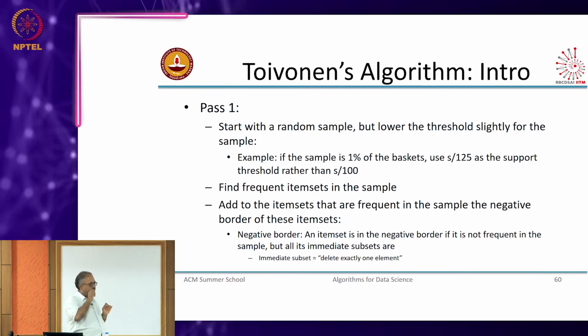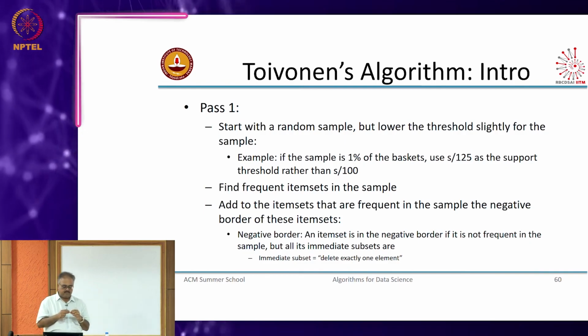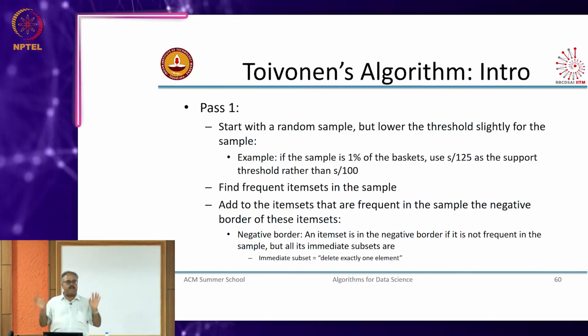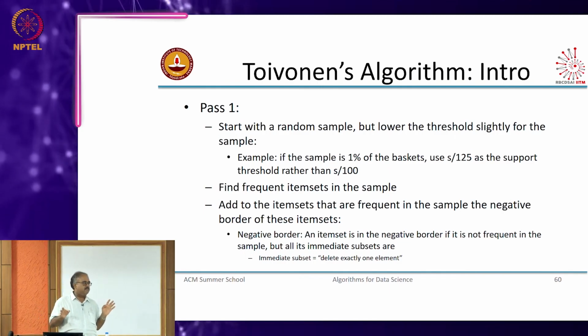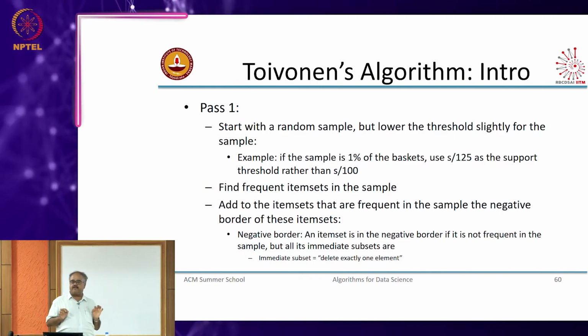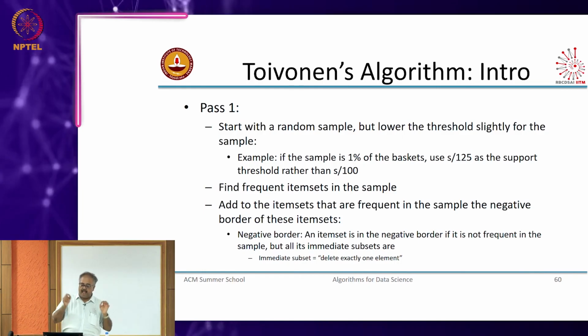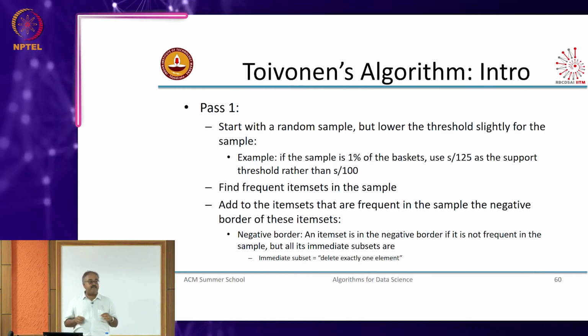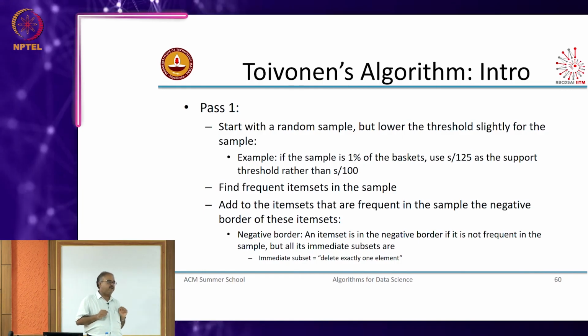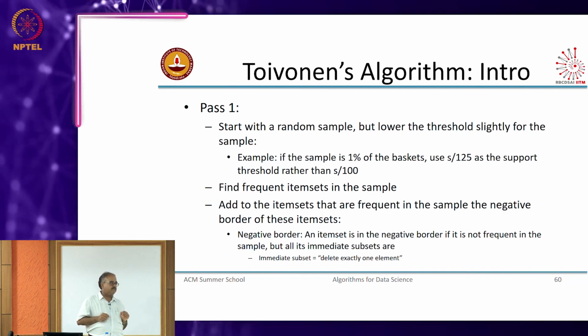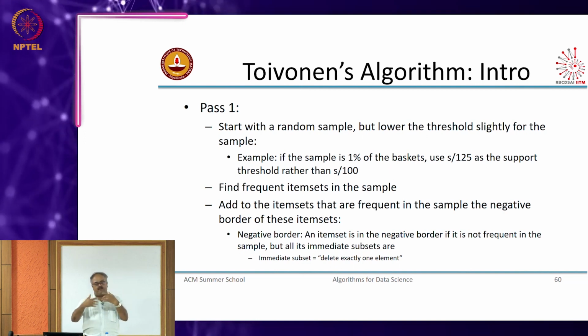The negative border of these item sets are sets such that the set itself is not frequent in the sample, but every one of its immediate subsets is frequent in the sample. Every one of its subsets is fine.